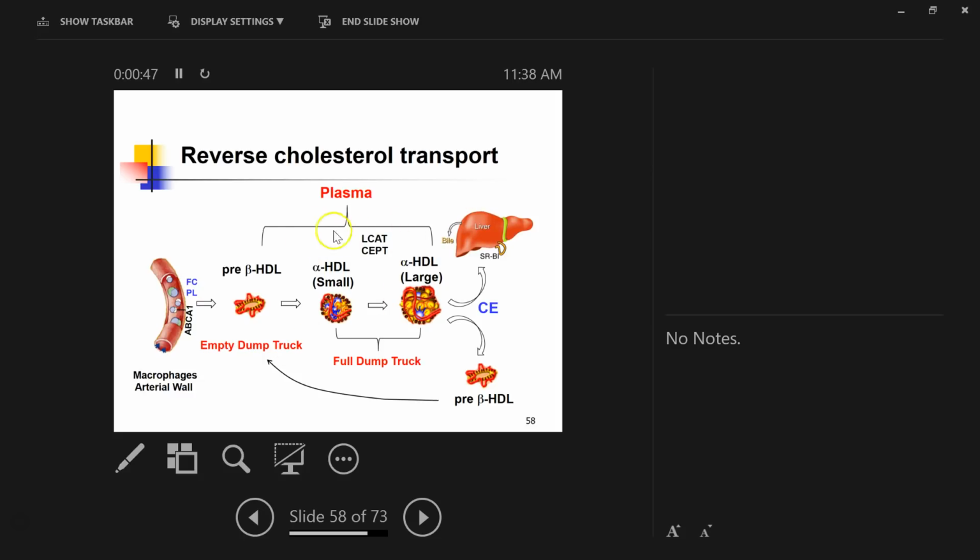The whole process involves HDL cycling between beta HDL, which functions like an empty dump truck, and alpha HDL, which is a full dump truck. So these two versions of HDL interconvert during the reverse transport process, right?